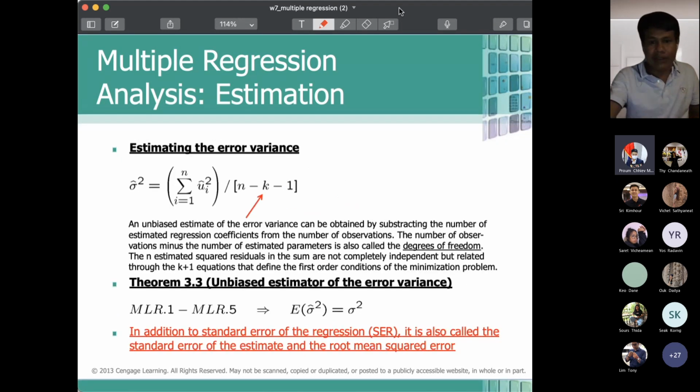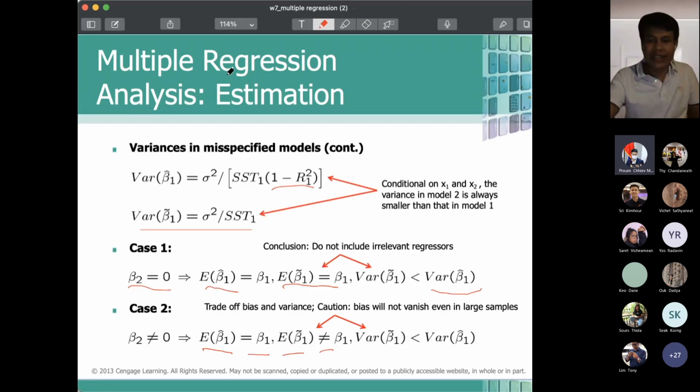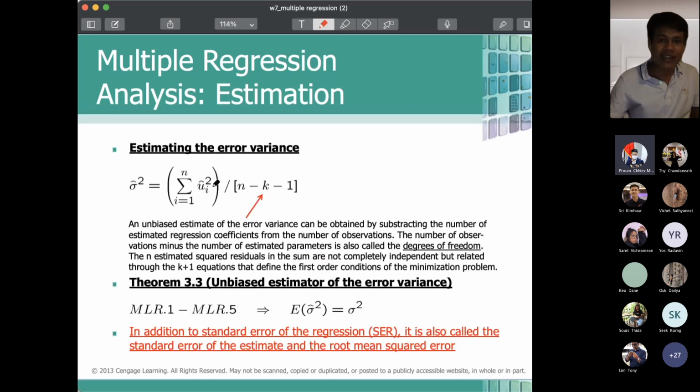All right. So again, you already know that to estimate the variance of the estimate of this beta 1, we need the variance of the error term. And how to construct this variance of the error term? That basically is the summation of squared residuals divided by n minus k minus 1. What is that n minus k minus 1?